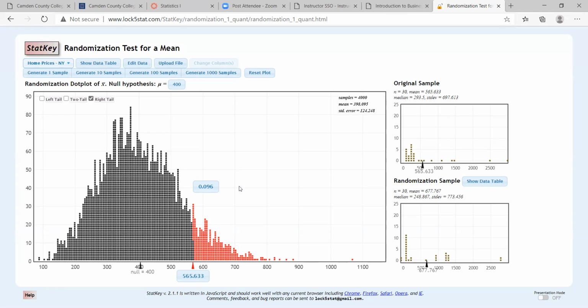Now, most fields of study have an accepted alpha. Social sciences are typically 0.05. Maybe some of the hardcore science fields might use 0.01 because they want to be more precise. But the important point is that you should choose your alpha up front. You shouldn't get your results and then choose your alpha.